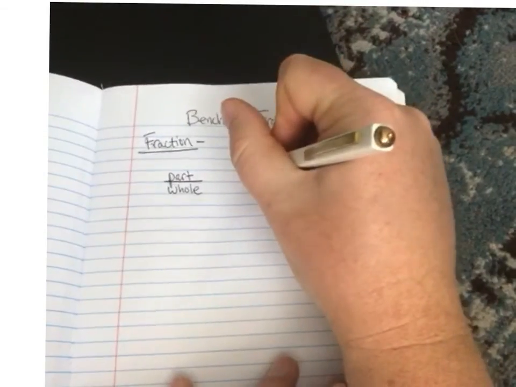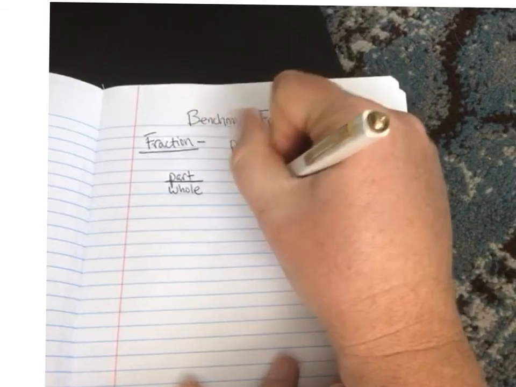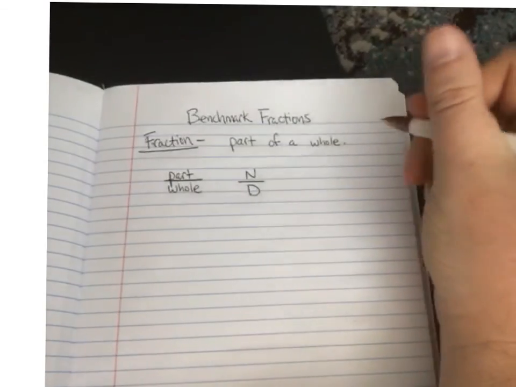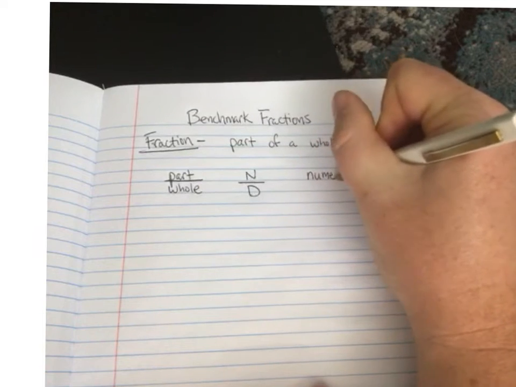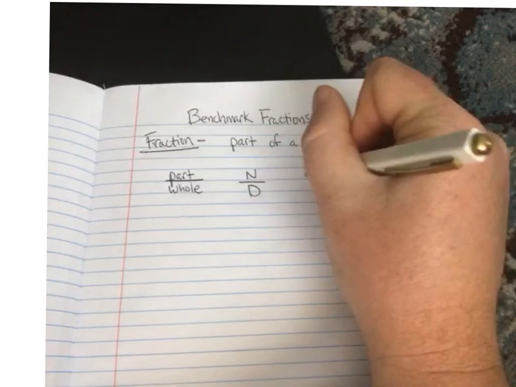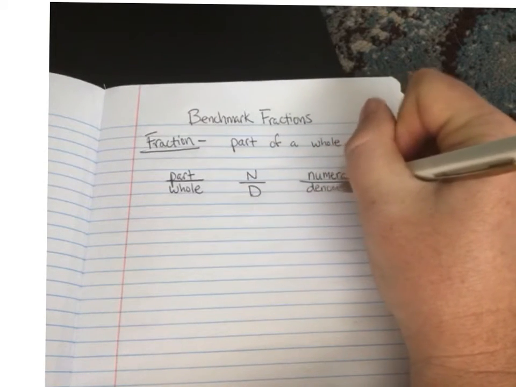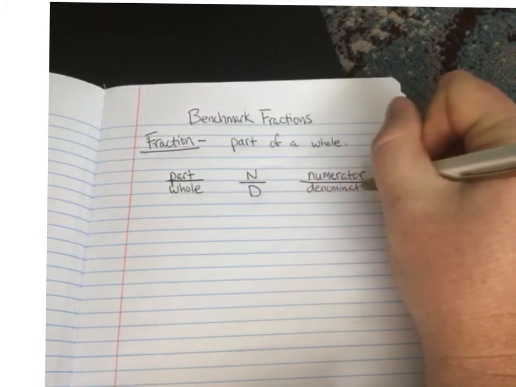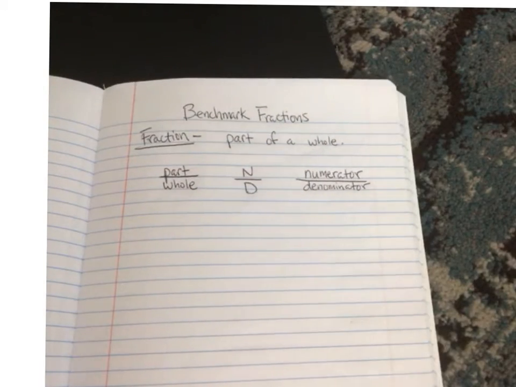Next to it, I'm going to write the letter N, and then underneath the letter D. And then a couple of words here that you guys should know: numerator over denominator. All right, I'll give you guys a chance there to get caught up and to copy those.